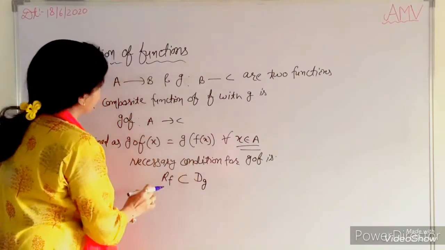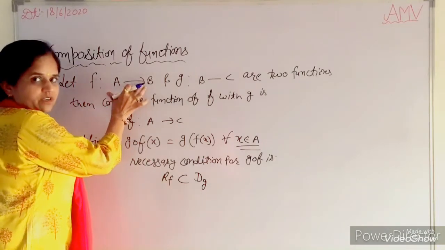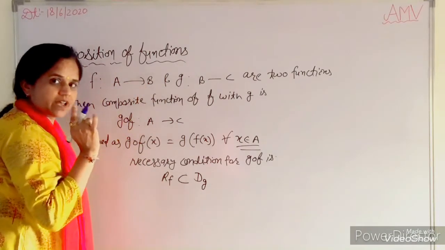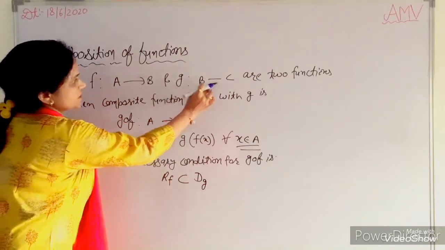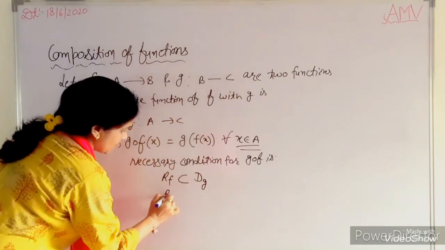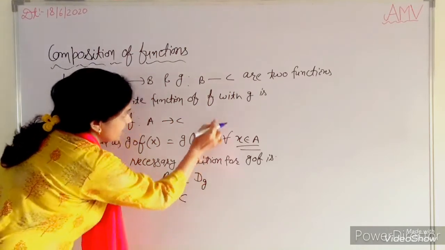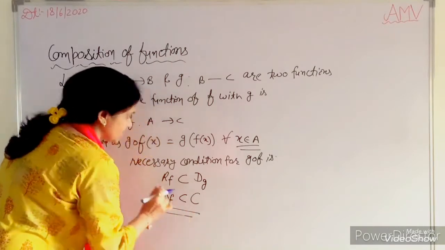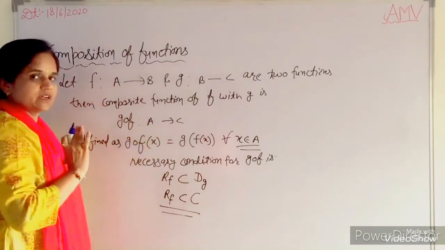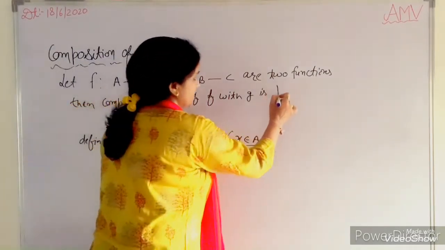It means, student, the range of function f must be a subset of the domain of function g. Here it is set C. Then only g o f exists.